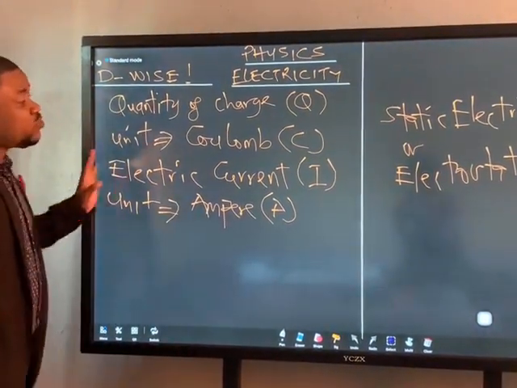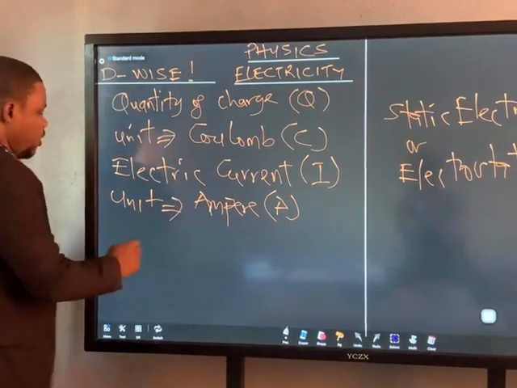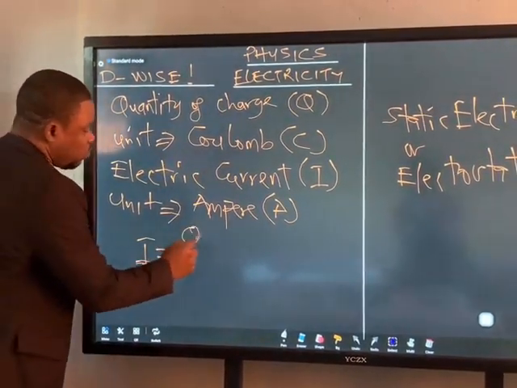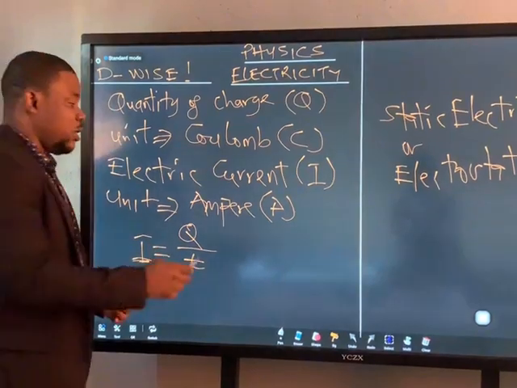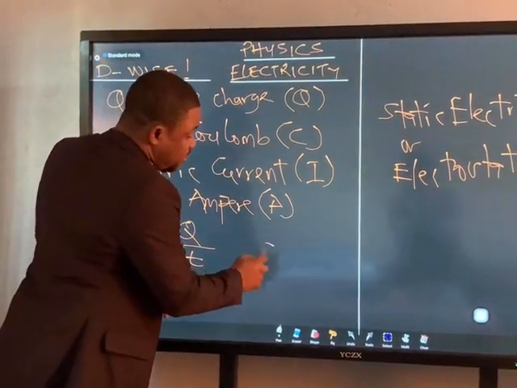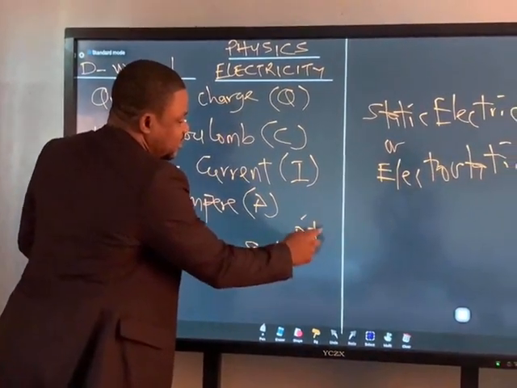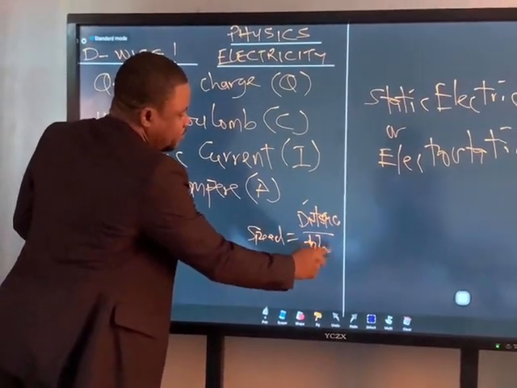So what is electric current? Electric current is the rate of flow of charges. So I can say that current I is what now? Quantity of charge per unit time. Just like we said that speed is the rate of change of distance with time.